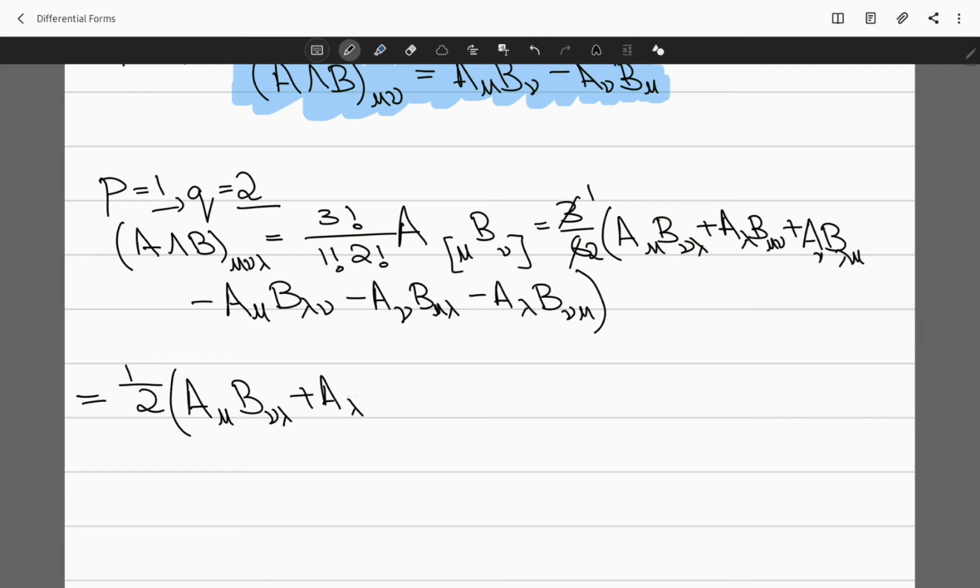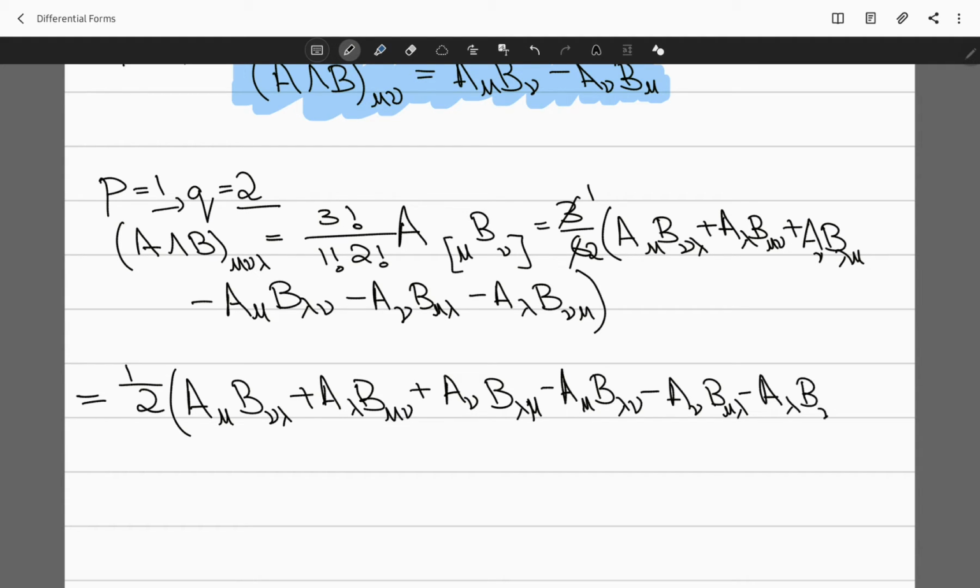I'm just simplifying the above expression now, so B mu nu plus A nu B lambda mu minus A mu B lambda mu minus A nu B mu lambda minus A lambda B nu mu, right?